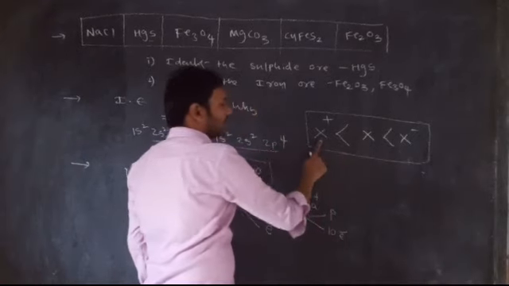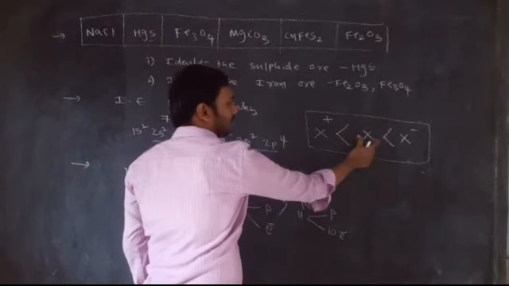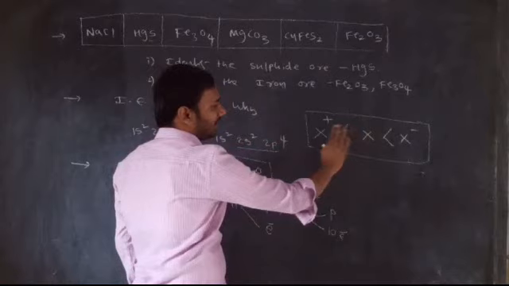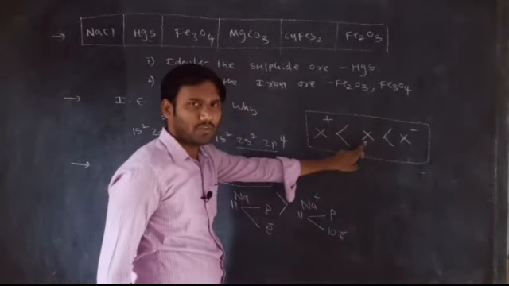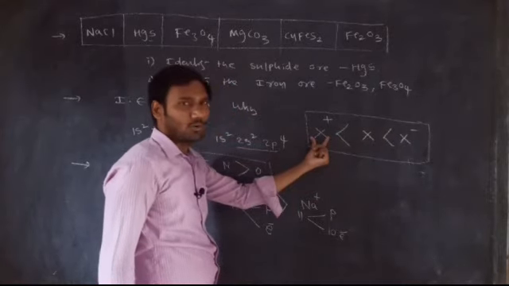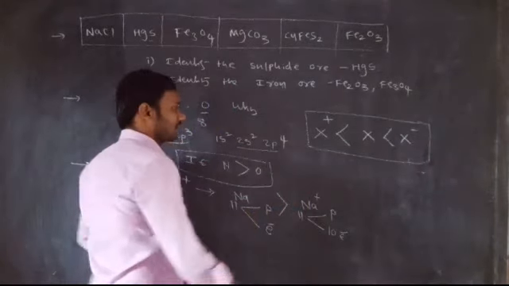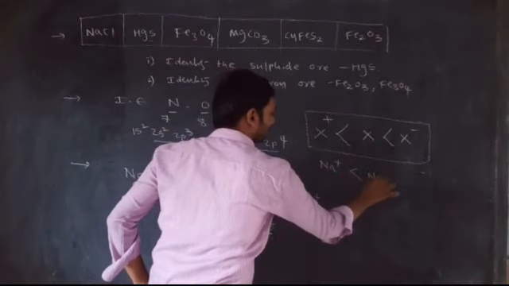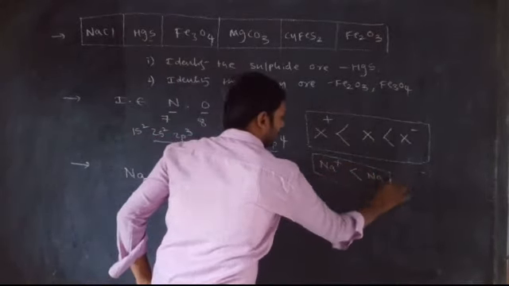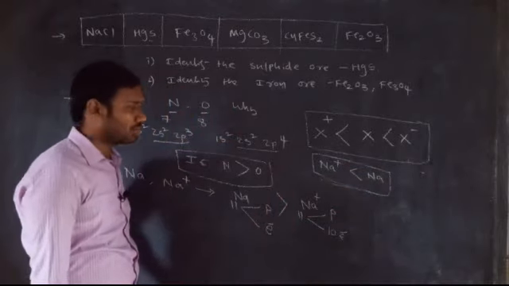This is the anion, and this is the cation. So the parent atom size is between the cation and anion. The anion size is always more than the parent atom, and the parent atom size is more than the cation. So in this concept, sodium plus has a smaller size compared to sodium. This is the answer.